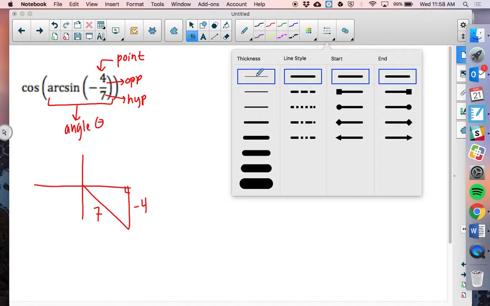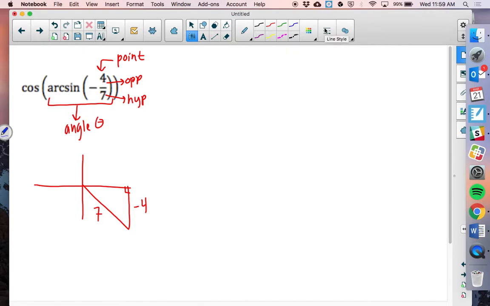Now, the reason that's true is because the hypotenuse represents a radius of a circle, and a radius is never negative because it represents a distance. So I'm going to put that as a note down here. Hypotenuse is always positive.